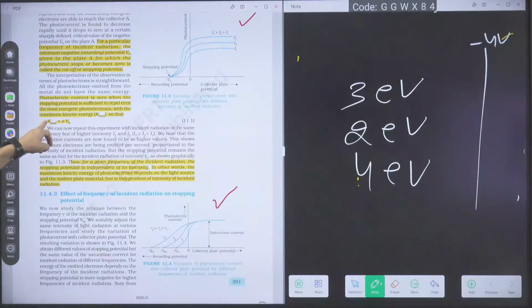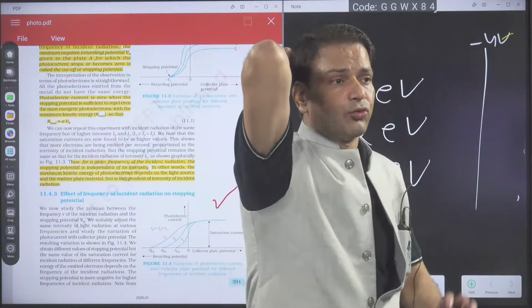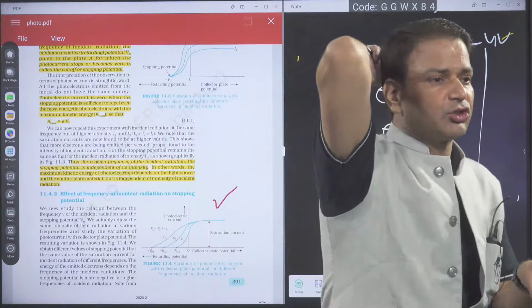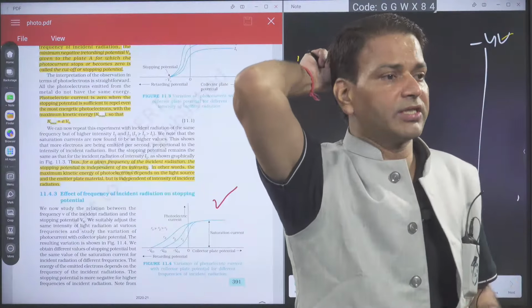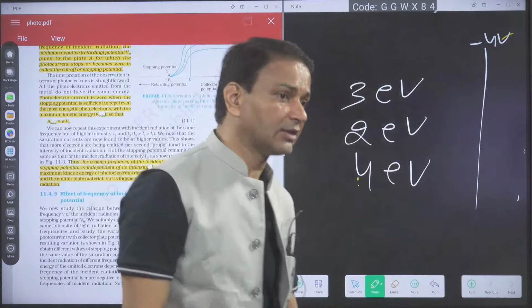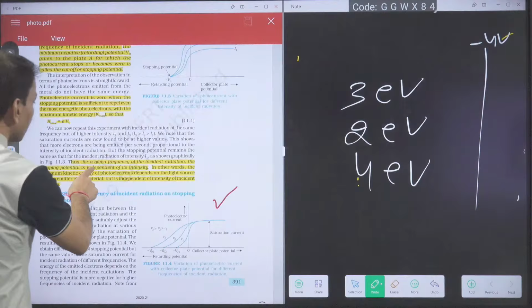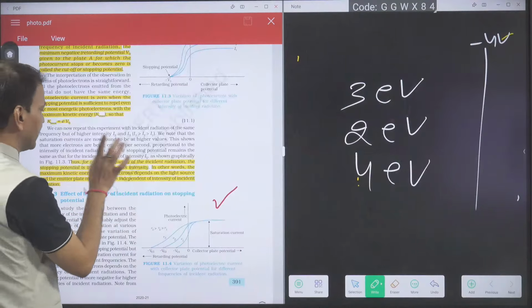Stopping potential depends upon K max, and K max depends upon the energy of the photon. So when the energy of the photon is constant, then K max is constant, and then the stopping potential will be constant. So stopping potential doesn't depend upon the number. That's why they say here, for a given frequency of incident radiation, the stopping potential is independent of its intensity.